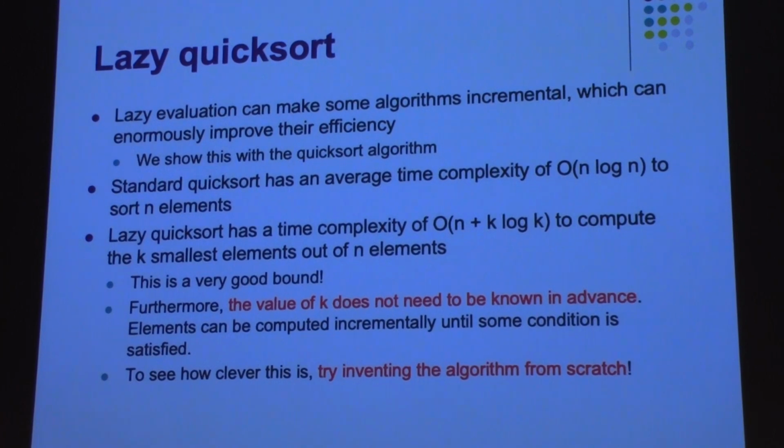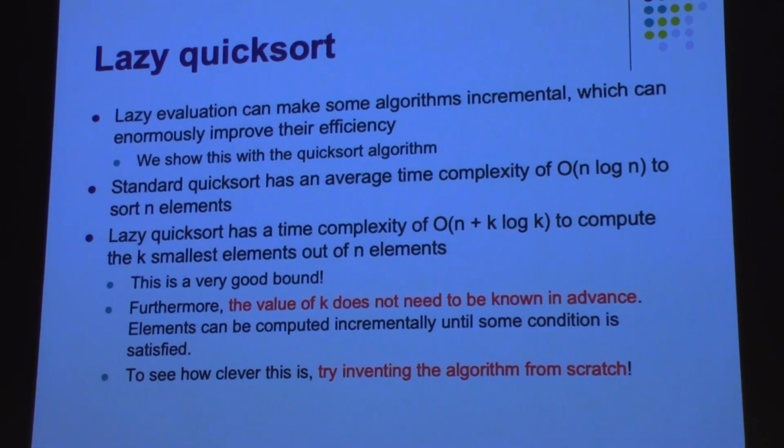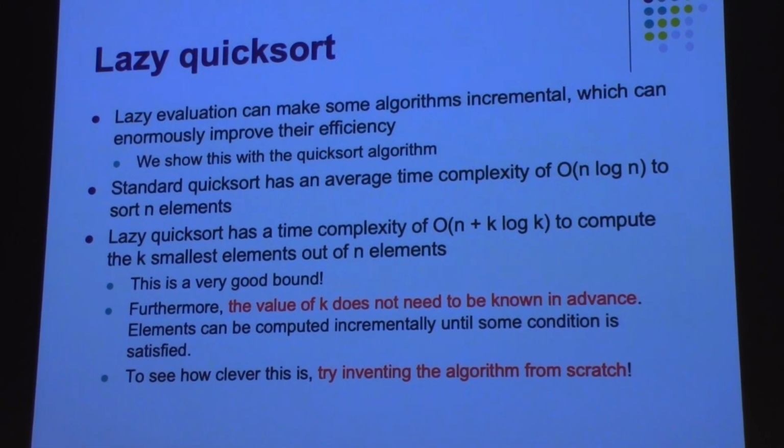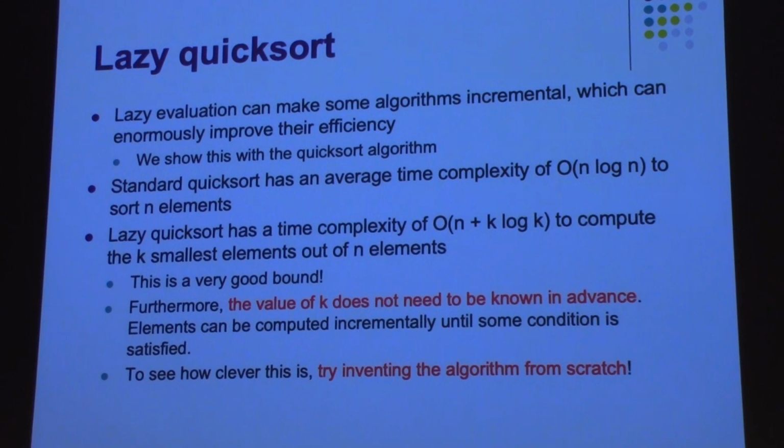But maybe we need k elements, a small number, maybe we need the 5 smallest elements, so then it'll be n plus a little bit. So in general, it's n plus k log k. So you see, when k is equal to n, it goes back to n log n. But when k is small, it's much better than n log n, okay?